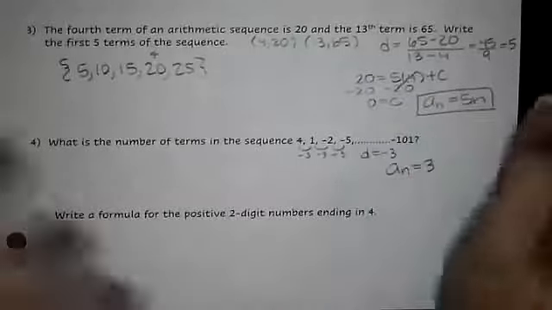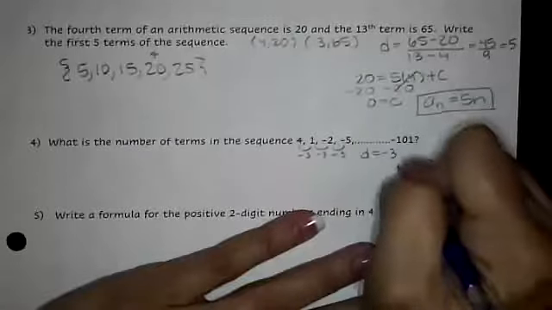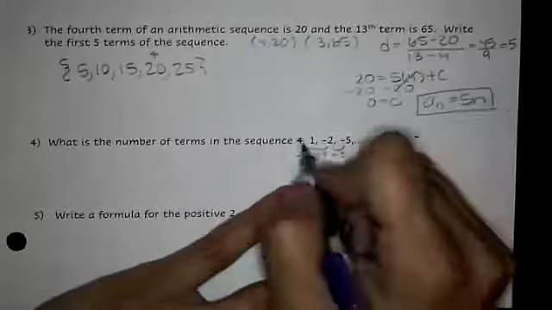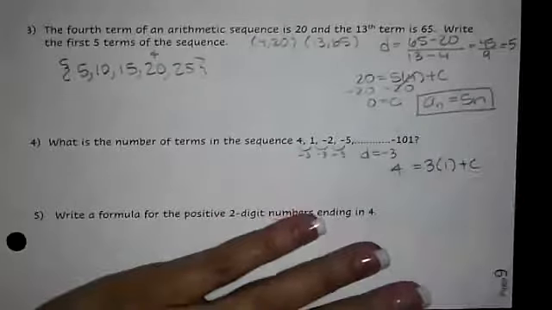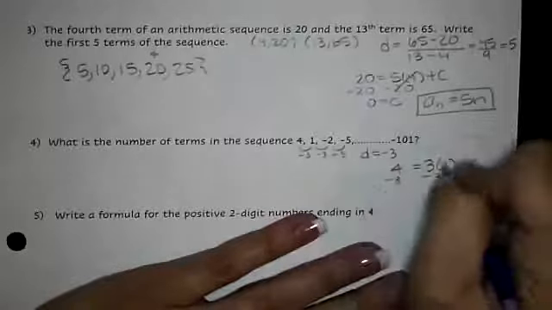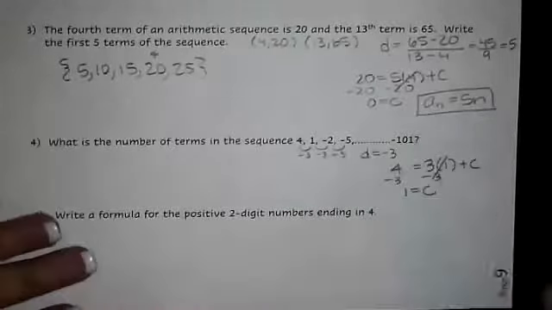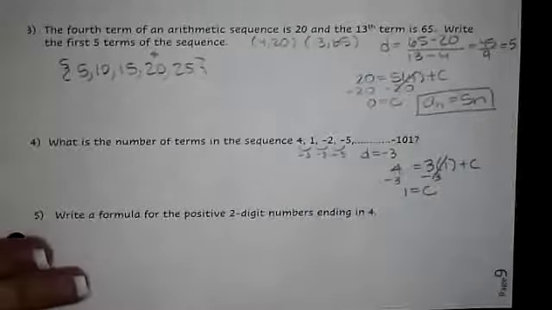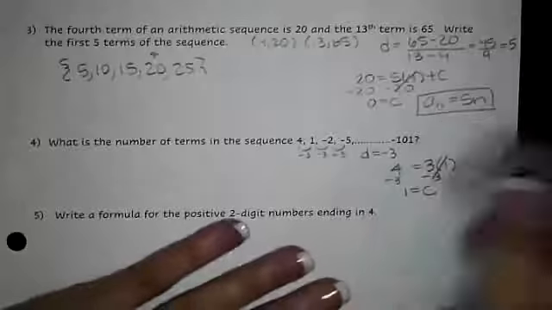So we get -3 here, and I'm going to plug in 4 for my final one, and that's my first term in the sequence, so that is times 1 plus C. I subtract my 3, and so we get 1 is equal to C. Sorry about that, I missed a sign here.